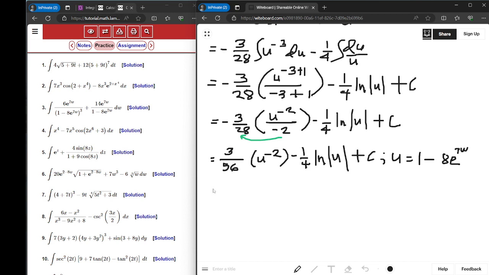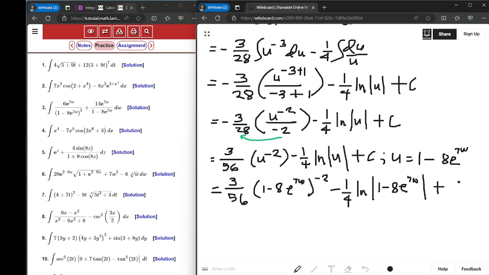Substituting the value of u, you'll get 3 over 56 times 1 minus 8e to the 7w raised to the power of negative 2, minus 1/4 ln of 1 minus 8e to the 7w, plus c. And this is our final answer.